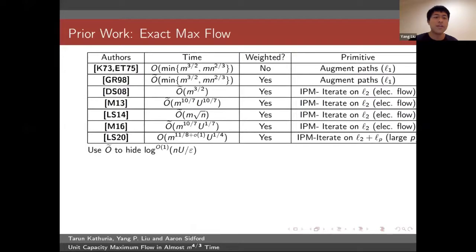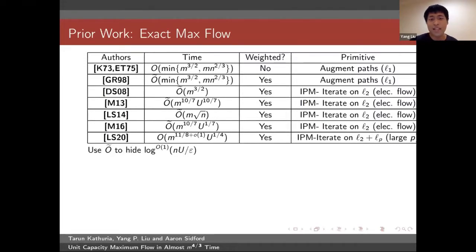As for what's been known on the max flow problem, there's been a long line of work. Today I'm going to focus on the setting of sparse graphs that are unweighted. So in this chart, these are the algorithms of Mądry 13, Mądry 16, and recent work of myself and Sidford.